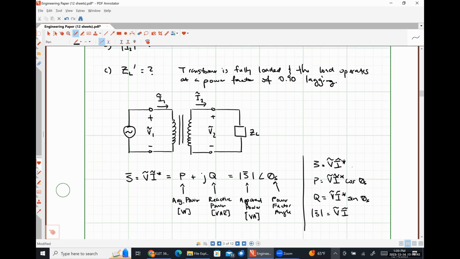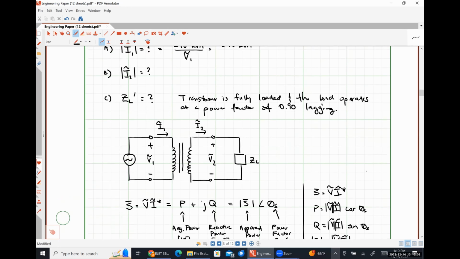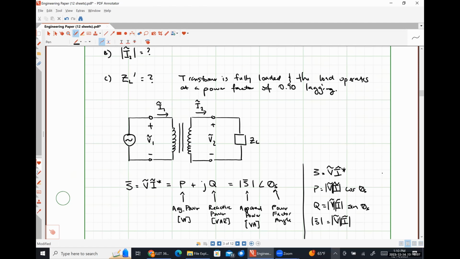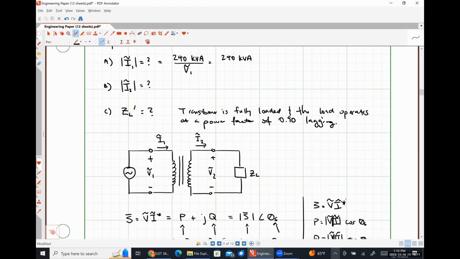Sorry, I made a completely boneheaded mistake here that I just realized. So I apologize. This should be the magnitude of the voltage times the magnitude of the current in all but the original relationship. My apologies for not remembering that we're only dealing with magnitudes when we're calculating P, Q, and S magnitude like that. So sorry for the complete brain fart.